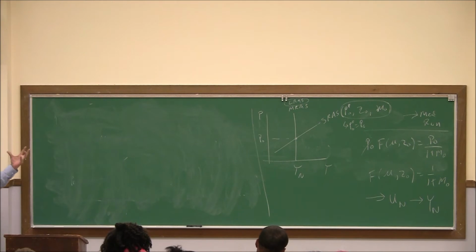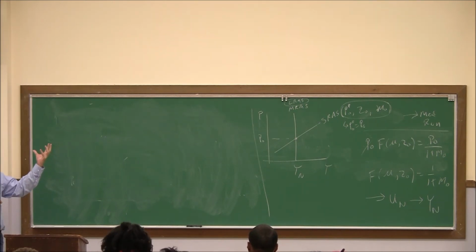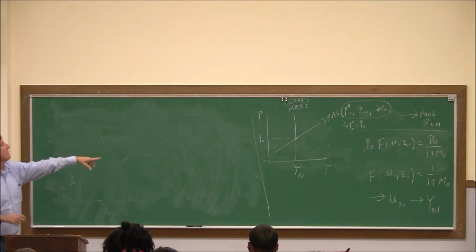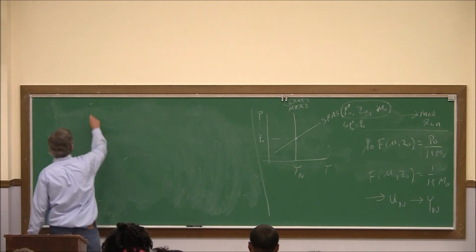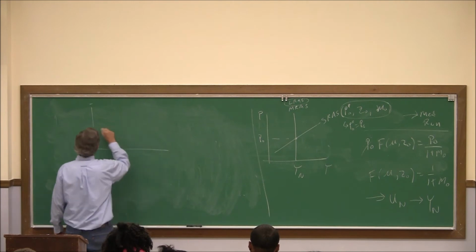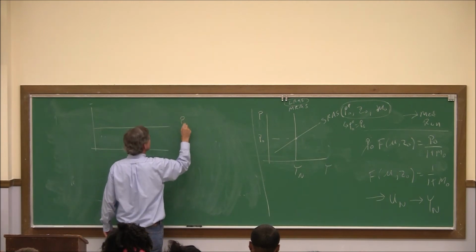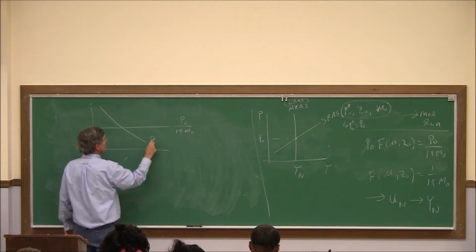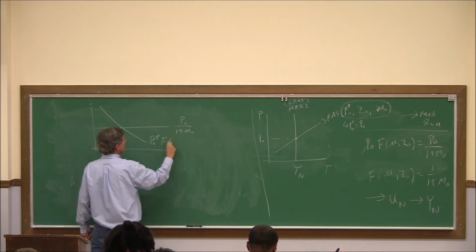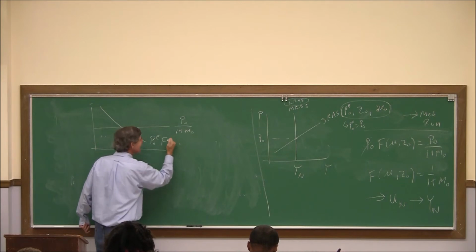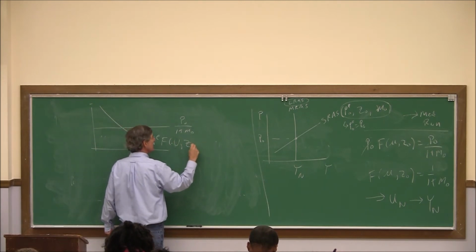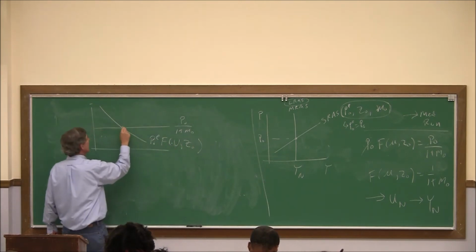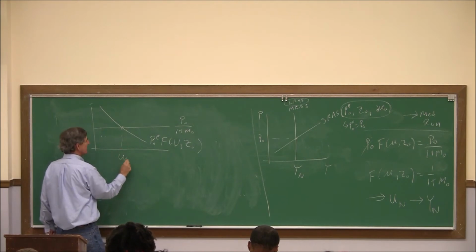So you go to the wage setting, price setting model, and see how, when we derived this, we took the graph. So we're going to take this graph again: P0 over 1 plus M0 equals P0E times F of U, Z0, and that gives us an unemployment rate, U0.